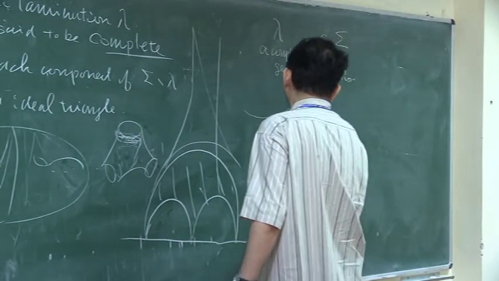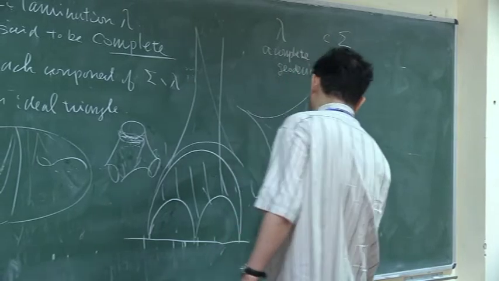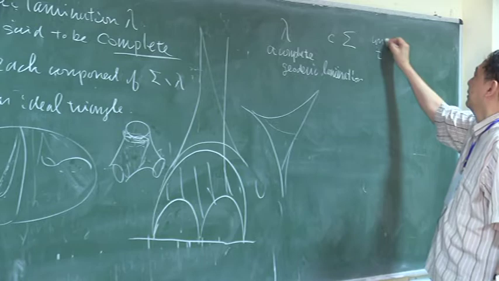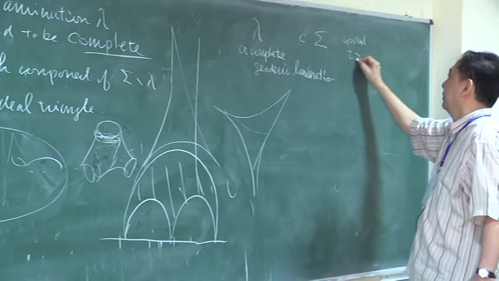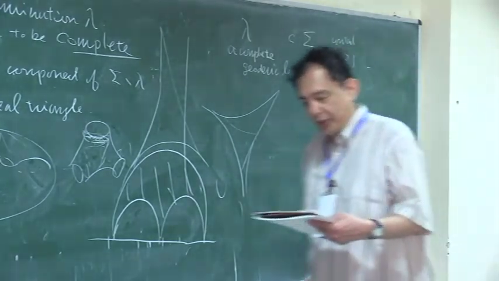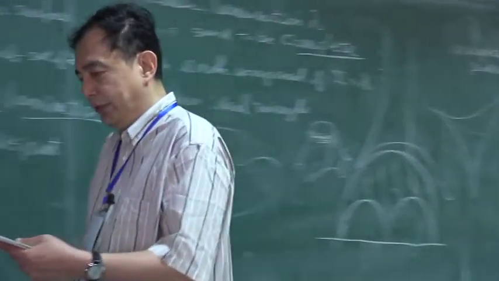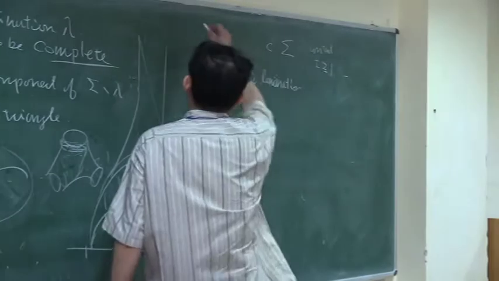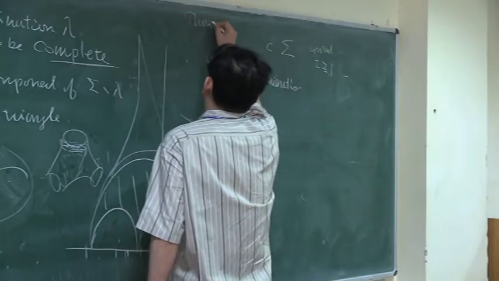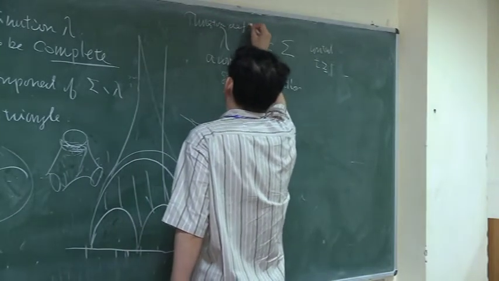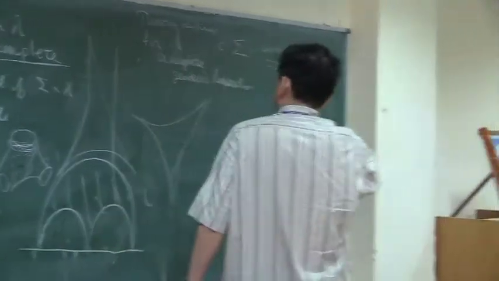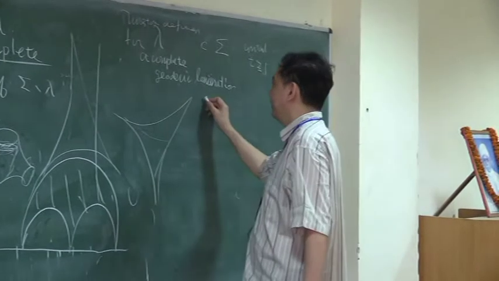So for the constant t greater than or equal to 1, you can define this. This is what Thurston defined. So Thurston defined the stretch map.